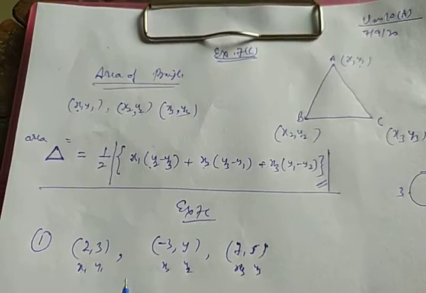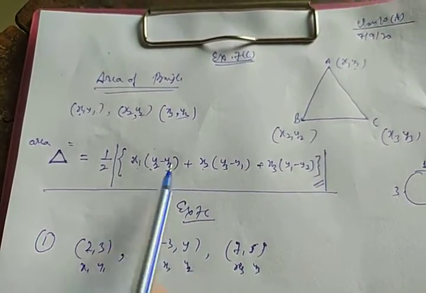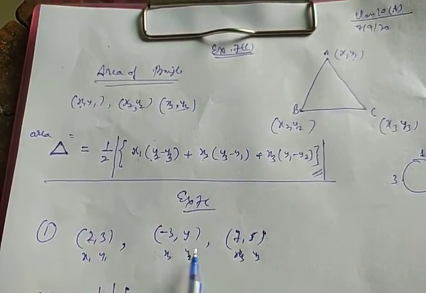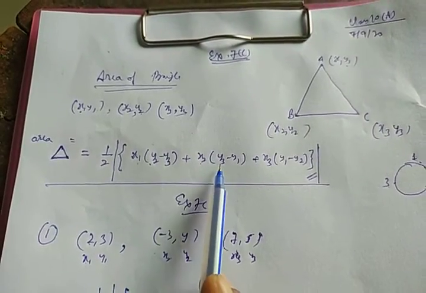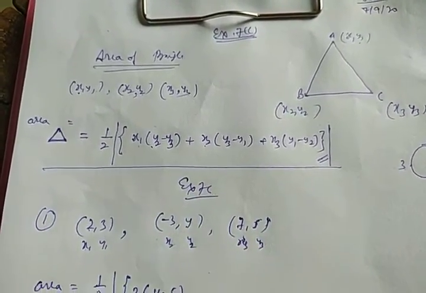You would have got the process. Outside are x1, x2, x3, and inside y2, y3 etc. are subtracted.